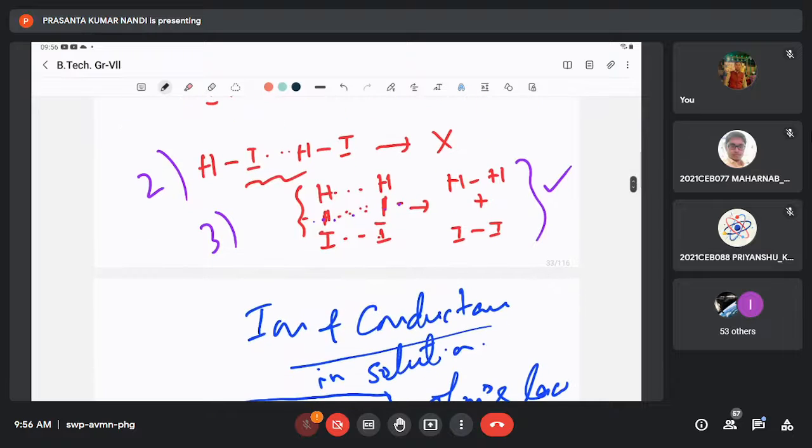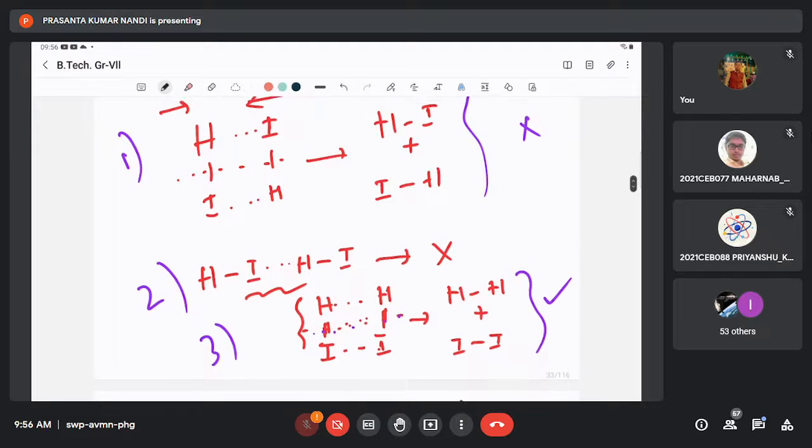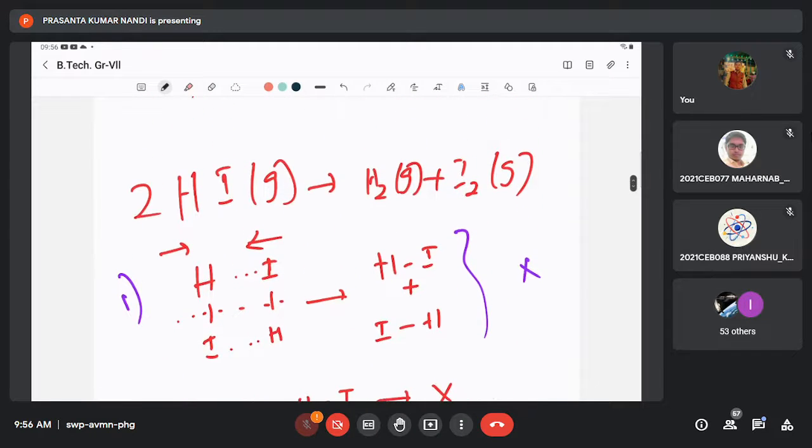So that's why the rate of this reaction in the gas phase is very small, because this thermal decomposition is not a chain reaction, as I already discussed.